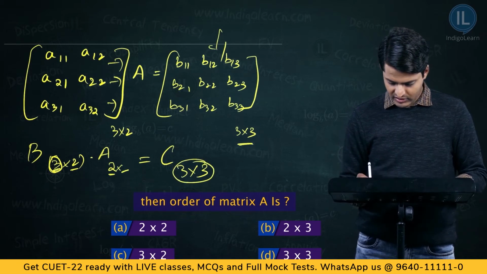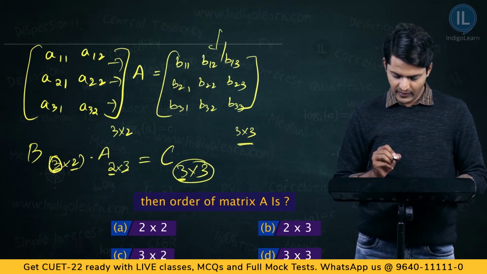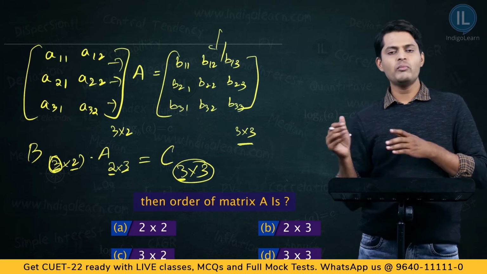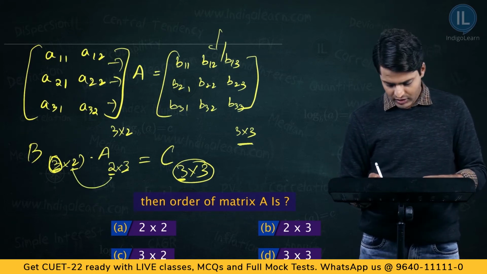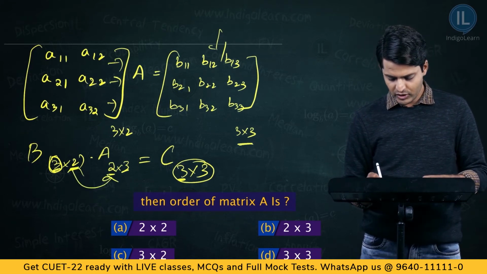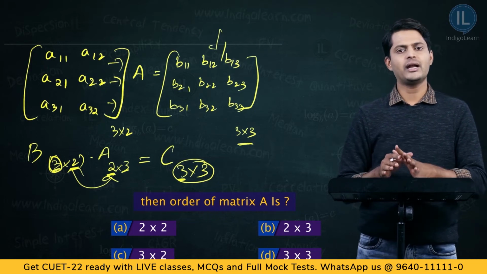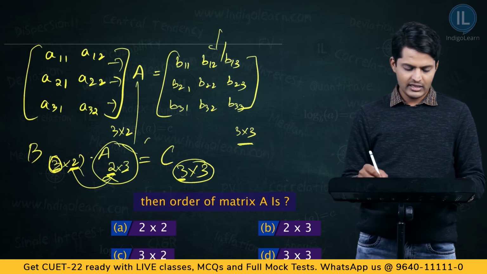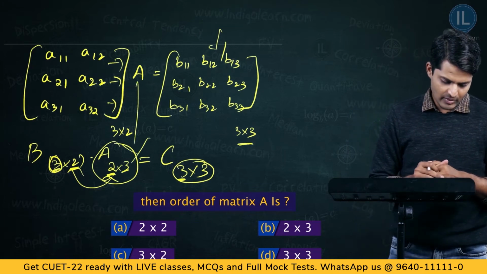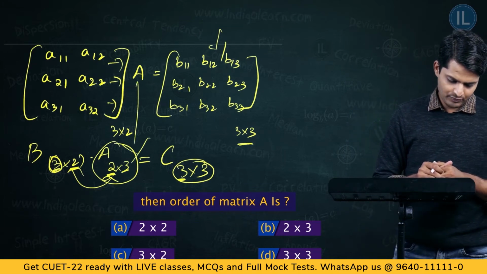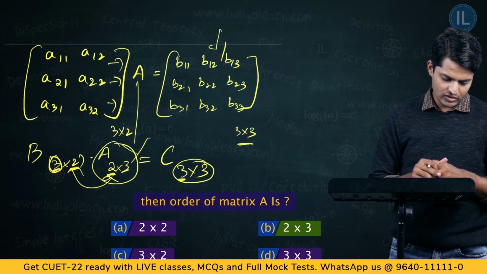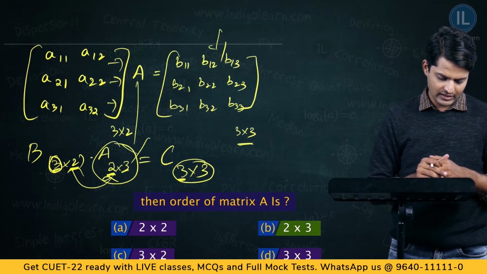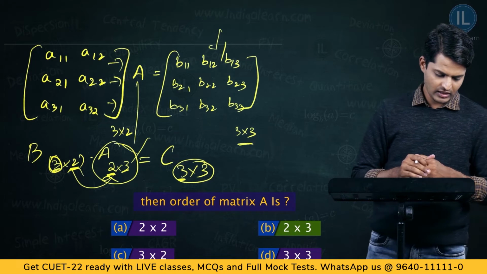So, this 3 represents this 3. When you are multiplying a 3 by 2 matrix with a 2 by 3 matrix, the 2 columns and 2 rows ensure that matrix multiplication is possible. The resultant outcome is a 3 by 3 matrix. So, A is a 2 by 3 matrix. So, my answer for 11th one is option B, right. What is the order of matrix A? Order of matrix A should be 2 by 3, okay, right.